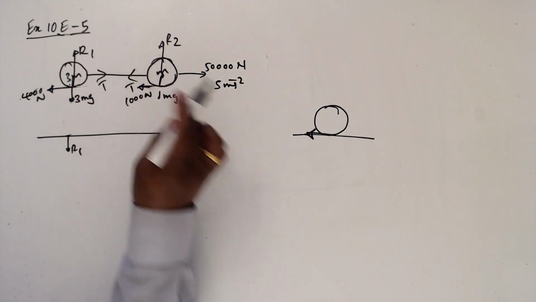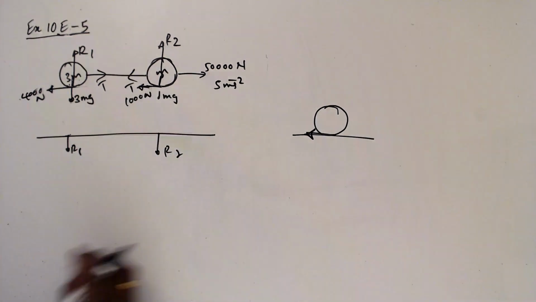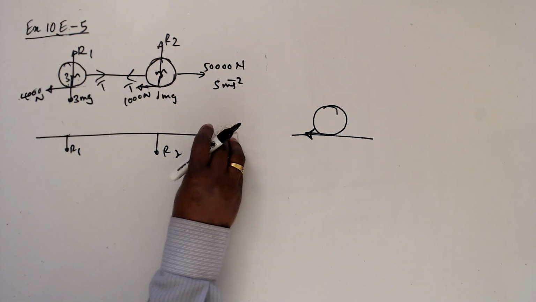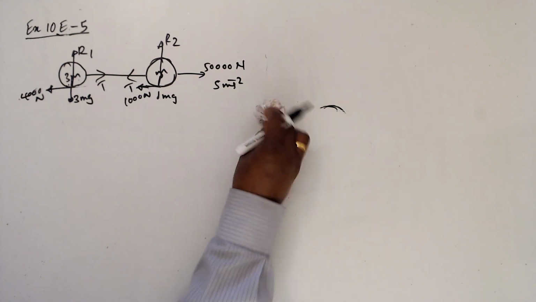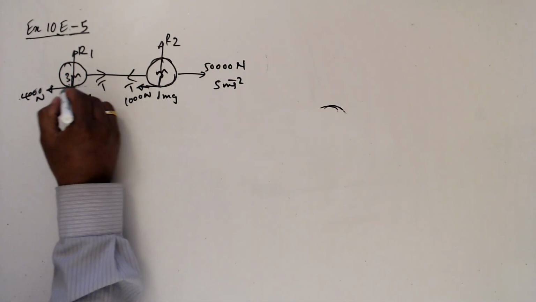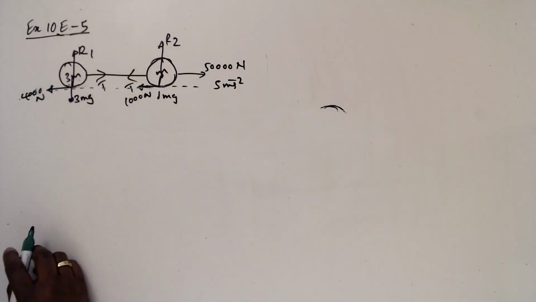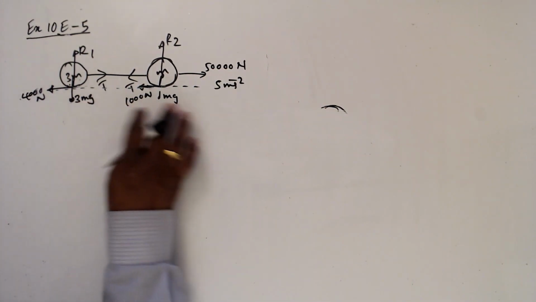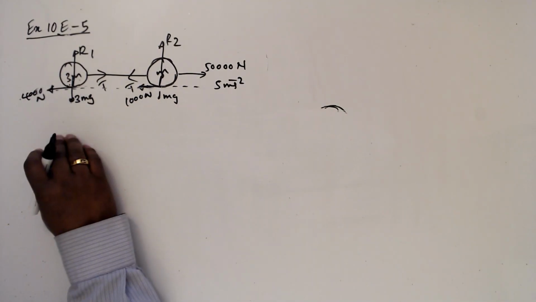So this is the resistance force. Now I'm going to delete this one because we are not interested in this surface. So now we have the system, and if I put a dotted line, this is the surface. Now we need to find the mass of the lorry and the trailer.